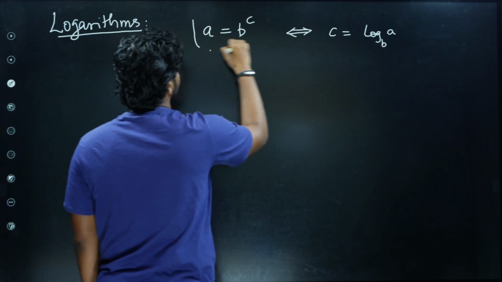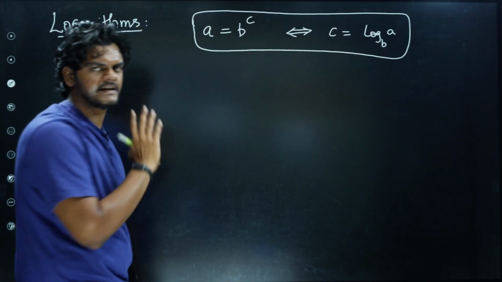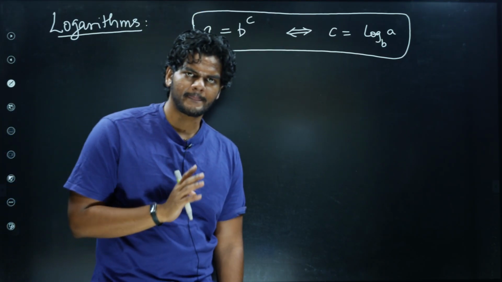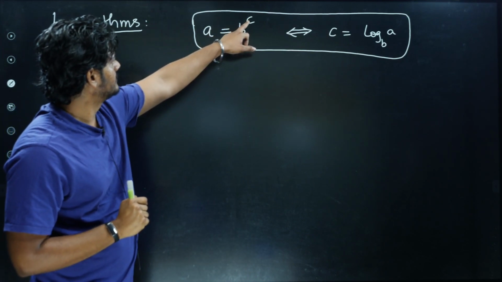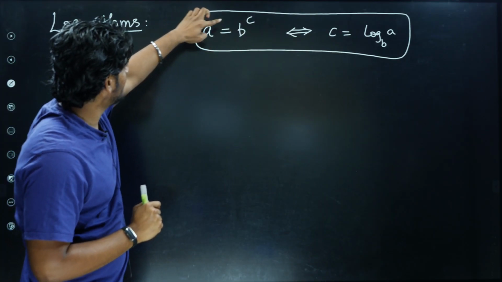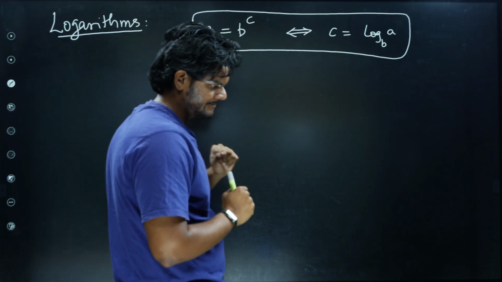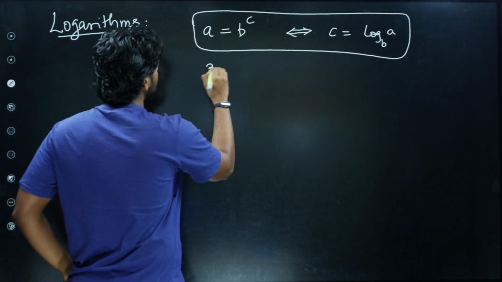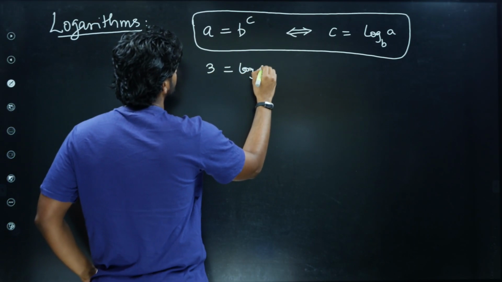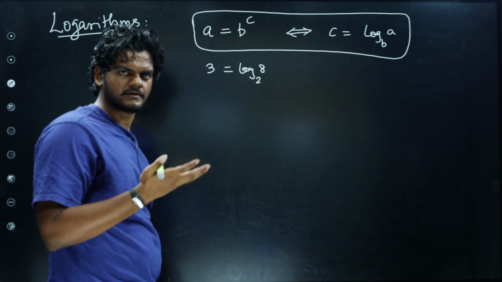This is the definition. From here only everything will sprout. The power we can write in terms of a and the base. That's our aim. So, for example, 3 is equal to log 8 base 2.